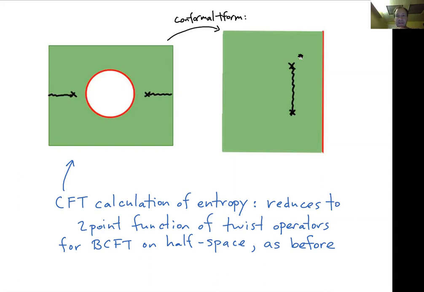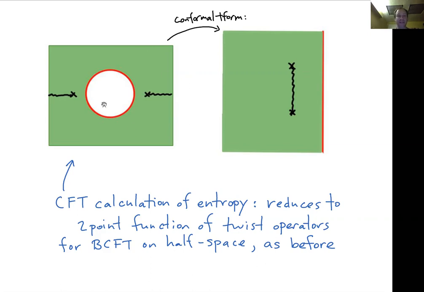Right. So the point was that the calculation we needed to do in this whole black hole story is related by some conformal transformation to the same calculation that we did before. I won't go into the details.